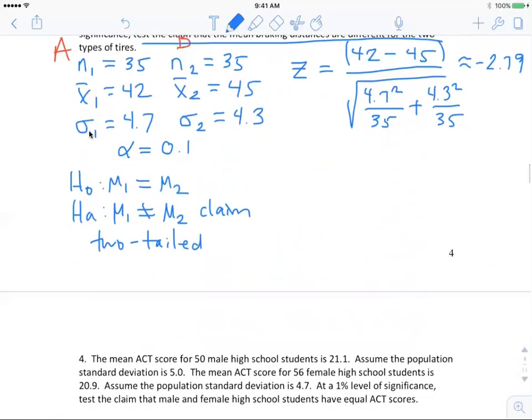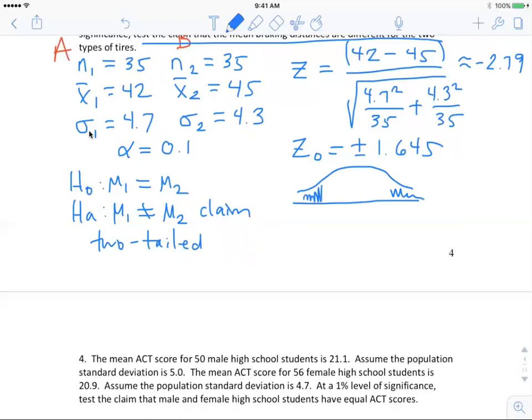Those are called critical values, so that would be z sub 0, plus or minus 1.645. Next, I have to decide, am I going to reject H sub 0 or fail to reject it? It helps if you draw a little picture. You don't have to, but it's a little more visual that way.